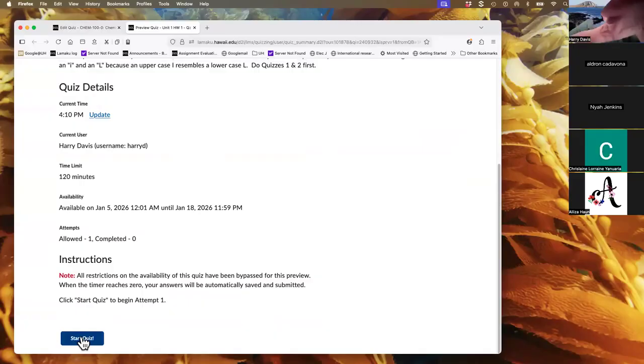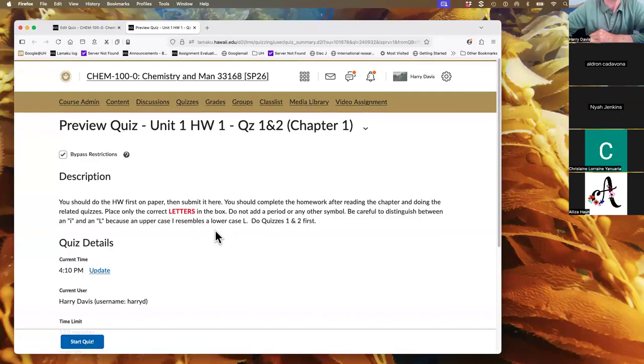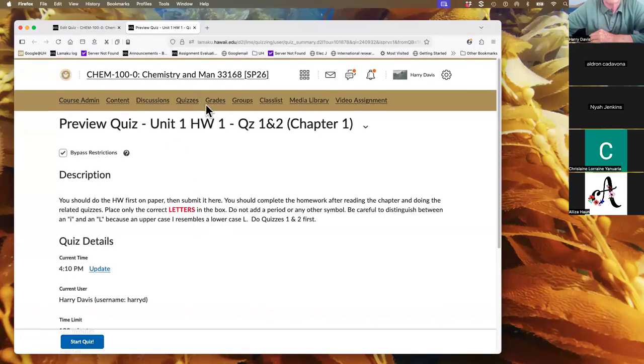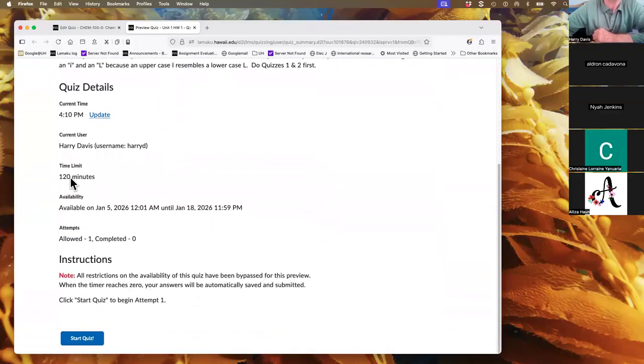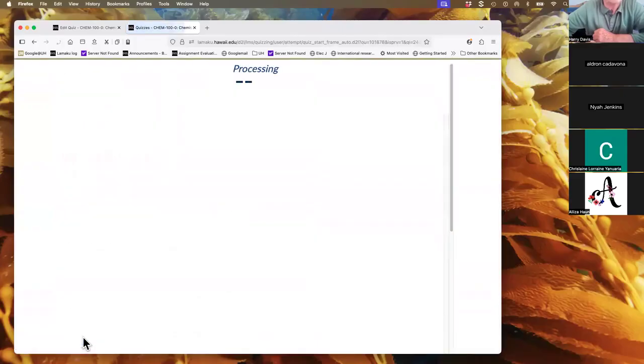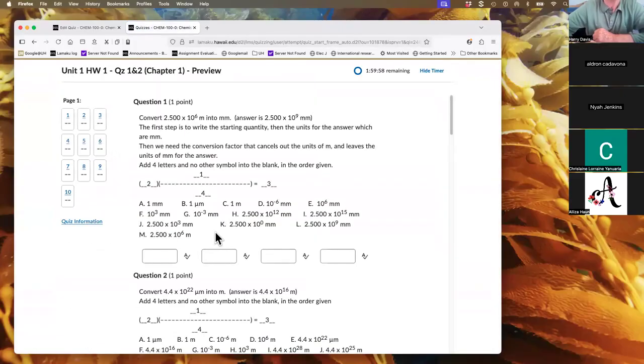So you start the quiz, it's a timed quiz, and that's the weird thing. In Lamaku, everything is called a quiz. Whether I'm calling it a homework or a quiz or an exam, it's all listed under quizzes. So here you have 2 hours, and don't forget, you've already had time to work this out on paper.